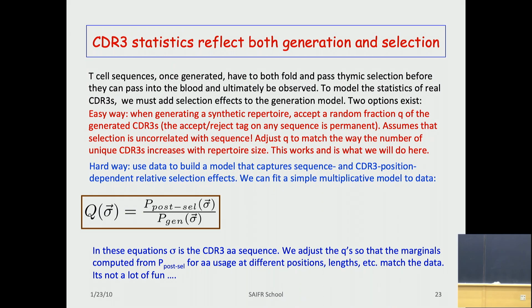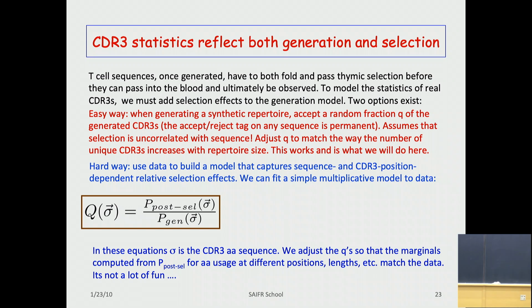I'm generating them using the generative model, and then I'm throwing away, or selecting, if you want to talk about the inverse, I'm throwing away sequences at random, but once I've decided that a particular amino acid sequence does not pass thymic selection, it gets thrown away. Even if I generate it again, it doesn't pass thymic selection, it's just bad. And there are many reasons why a particular sequence could be bad.